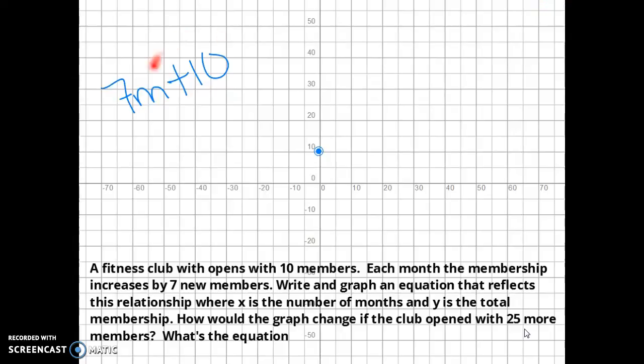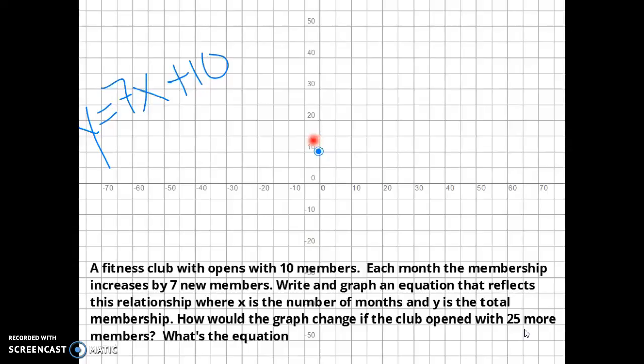Knowing that I started with 10 and I'm increasing by 7, I'm going to end up with y members at the end of the month. So now let's graph that.